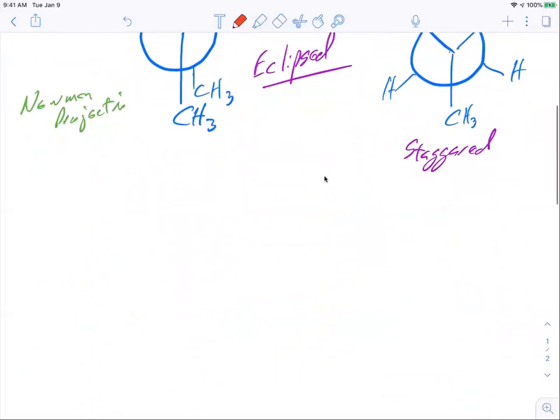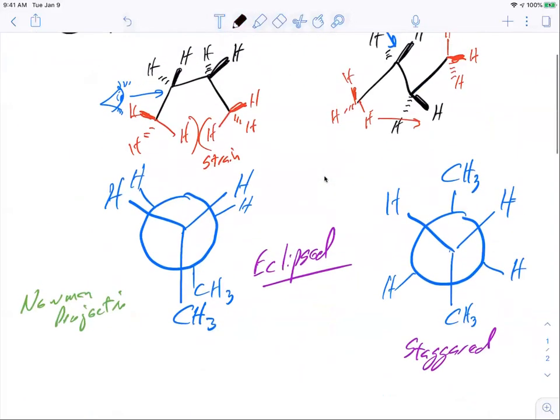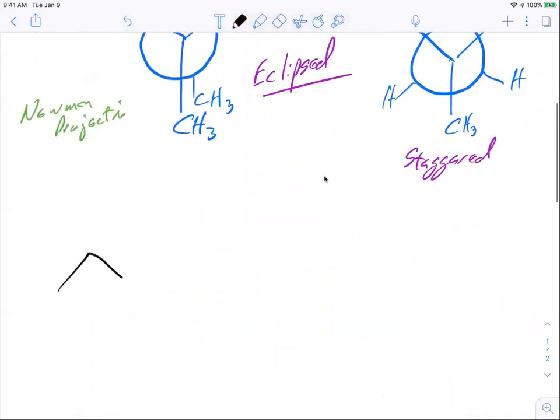Now, when we go through these, let's start again with our most stable. We can rotate these.